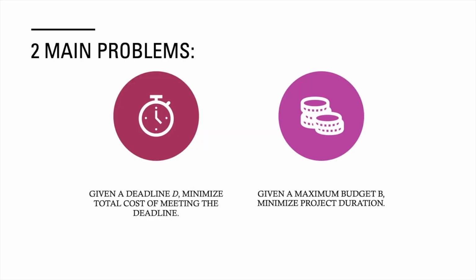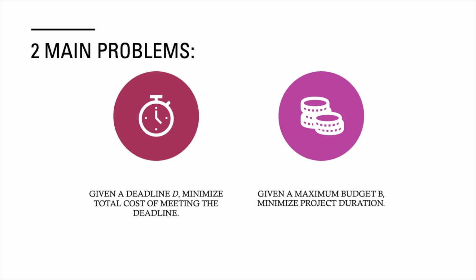First, it is possible that you have a deadline for your project, and this deadline is the parameter D. What you would like to do is minimize the total cost of meeting the deadline. For example, let's say currently without crashing, your project will last for 15 days.